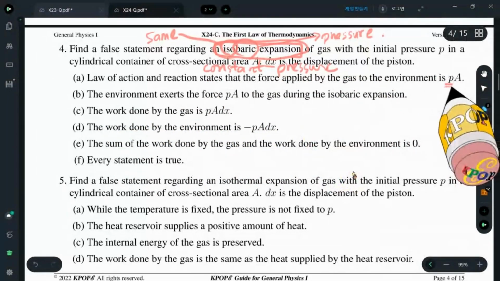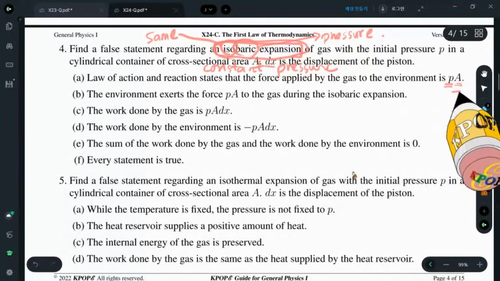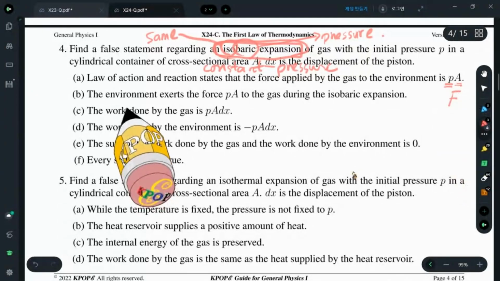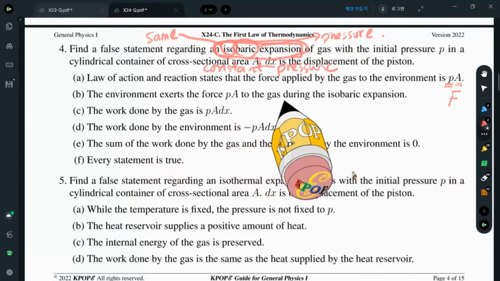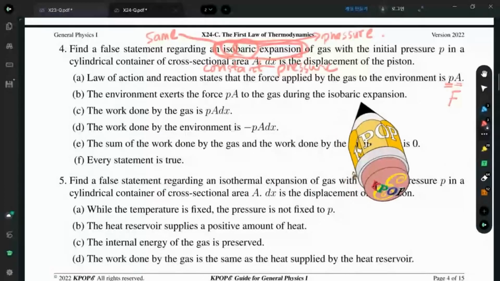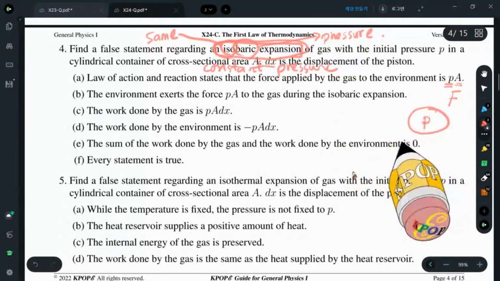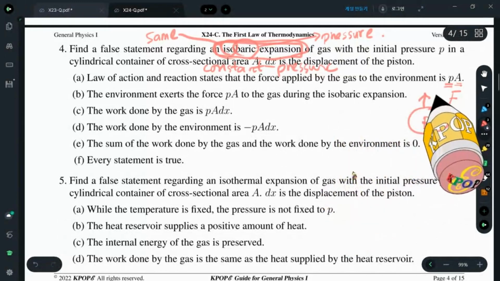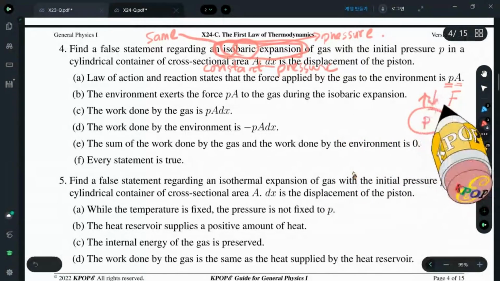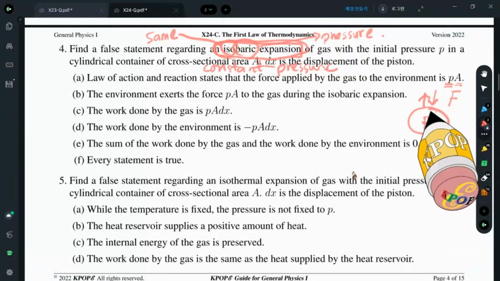Okay, so pressure multiplied by the cross-sectional area is the force. Environment exerts force to the gas during the isobaric expansion, right? So we have a constant pressure to the outside, and environment applies the same pressure in the opposite direction.